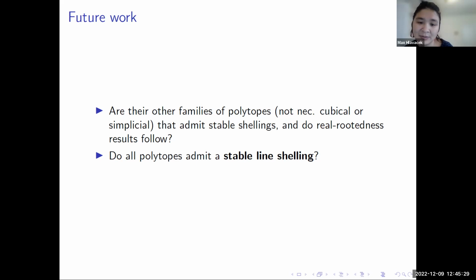The person who proved that all polytopes admit a shelling did a construction based on shining lights on the polytopes. If you shine an imaginary light on the polytope, you construct an order based on which faces the light hits, and that is called a line shelling. Liam and I tried to construct a line shelling that is guaranteed to also be a stable shelling, and we are still unclear whether that exists for all polytopes or not. So that's also in our future work.